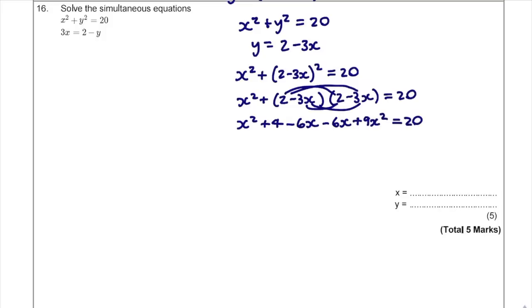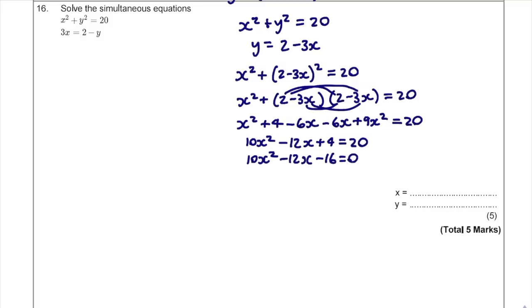If I simplify the left hand side, I get 10x squared minus 12x plus 4, and that equals 20. Subtract 20 from both sides, we get 10x squared minus 12x minus 16 equals 0.